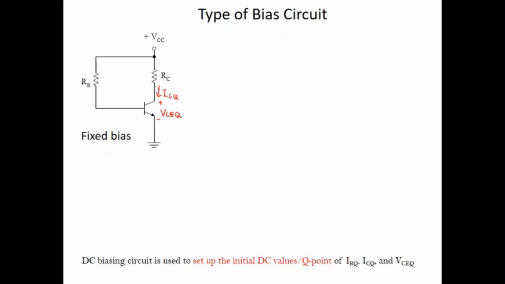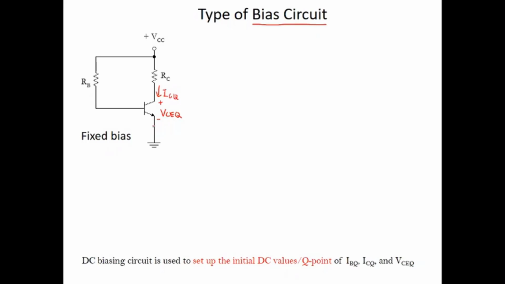So how do we set this ICQ and VCEQ at a certain desired value? This is done by using a bias circuit. A bias circuit is made by arranging and adding some resistors and some DC voltage in such a way that we can control the ICQ and VCEQ.